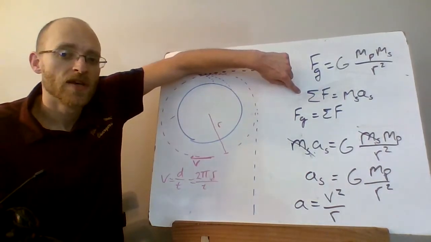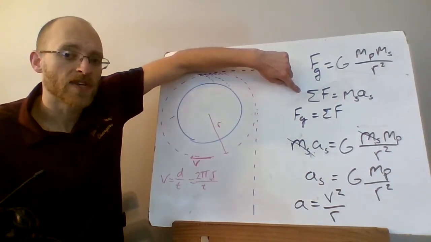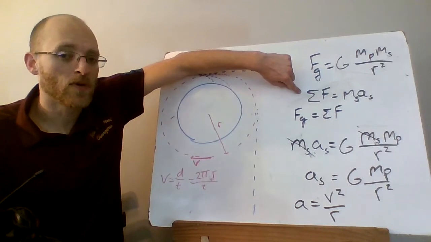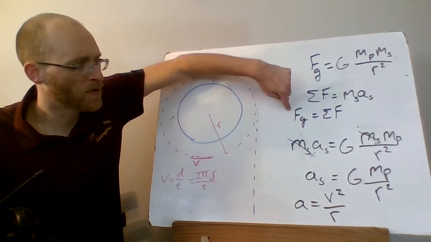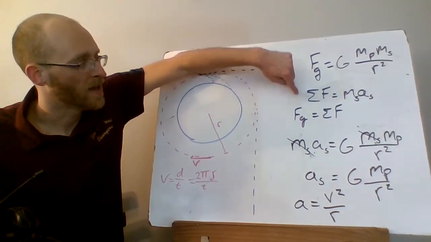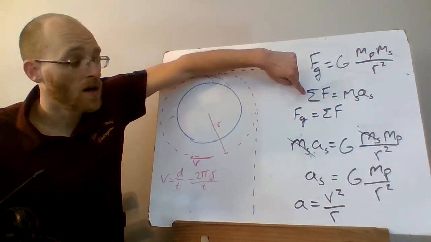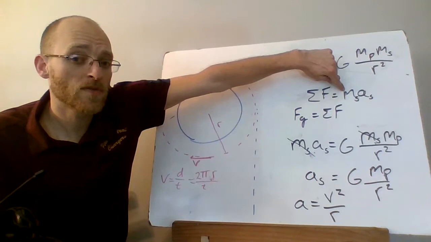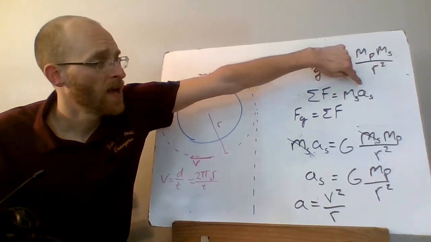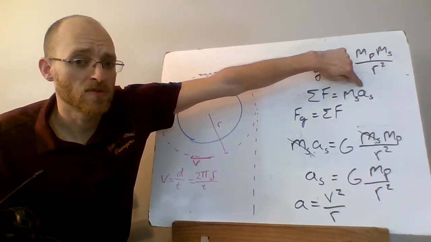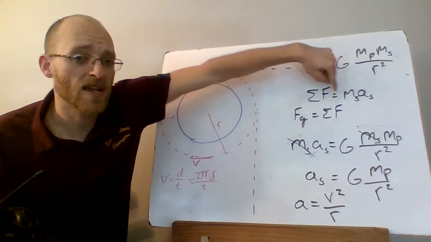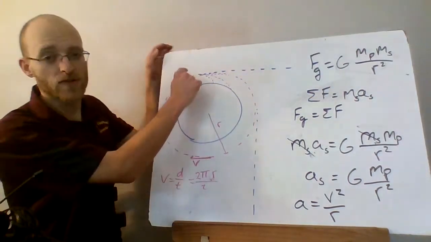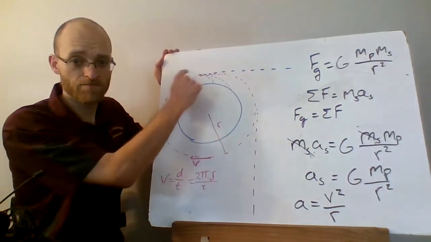Because it is in free fall, the only force acting on it is gravity, so my net force is equal to the force of gravity. We also know second law is net force equals ma. In this case, we're looking for the mass of the satellite and the acceleration of the satellite, because we're interested in its velocity.